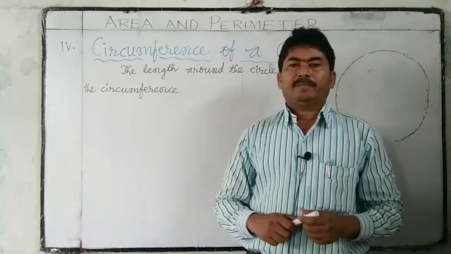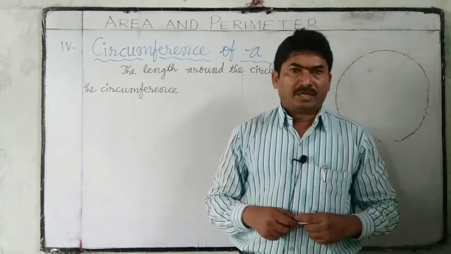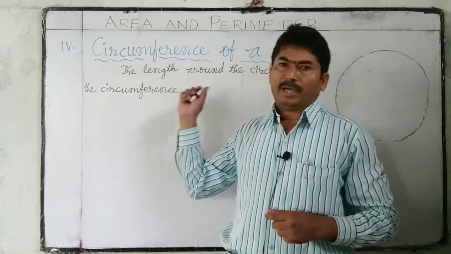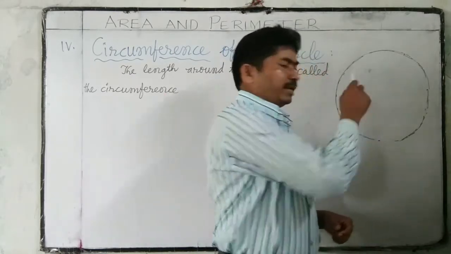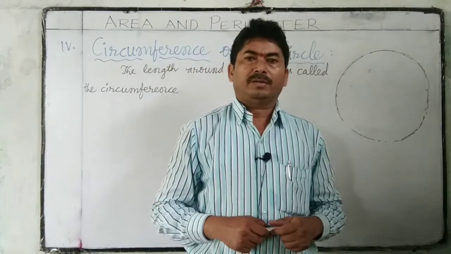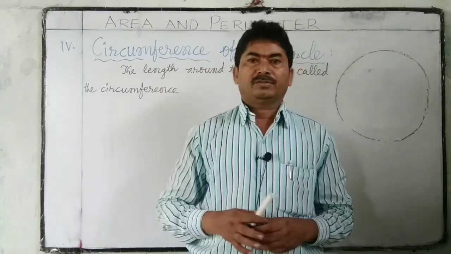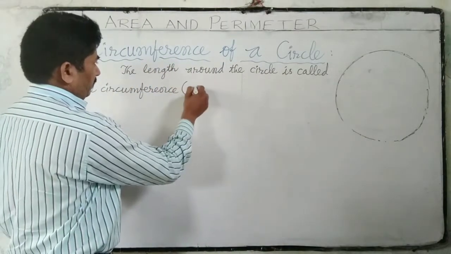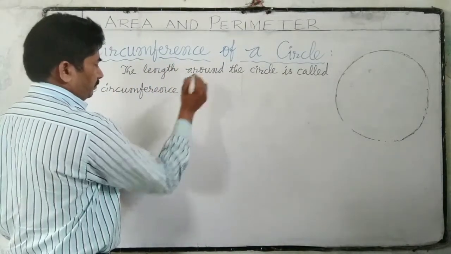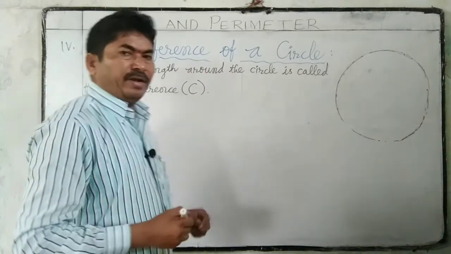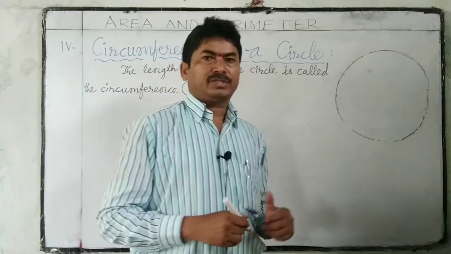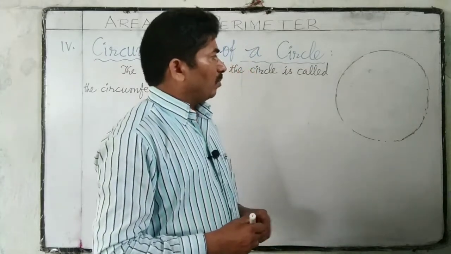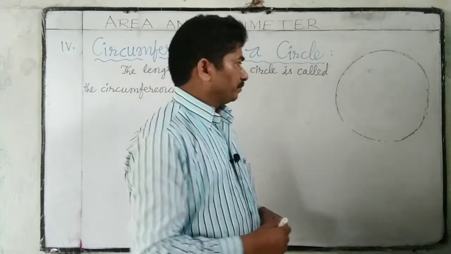Circumference of a circle. What is the circumference of a circle? The length around the circle is called circumference of a circle. It is denoted by the letter C. Before discussing circumference, let us know more about a circle.